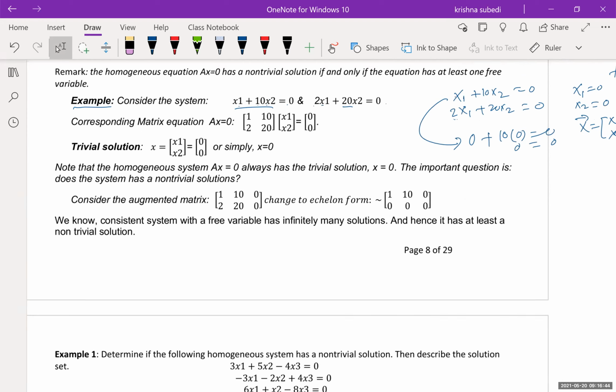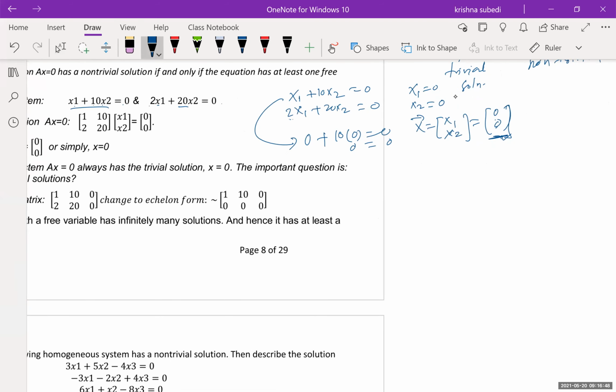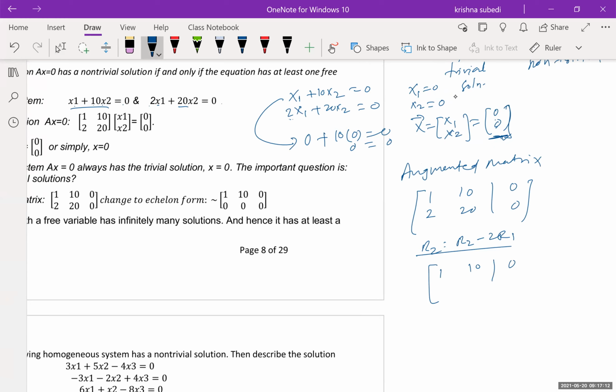I think the easiest method to solve this system is to consider the augmented matrix and change it into echelon form. The augmented matrix is 1, 10, 0 and 2, 20, 0. What you can do is R2 minus 2R1. So what do you get? 1, 10, 0, and this will be 0, 0, 0.